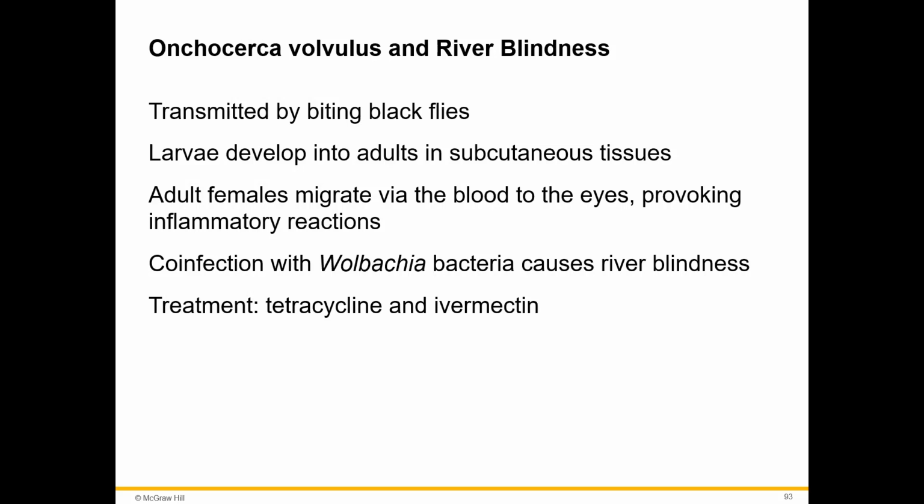And usually that happens when you have a double whammy of Wolbachia, which is a bacteria. When you get Wolbachia and Onchocerca volvulus together, that's when you experience river blindness.